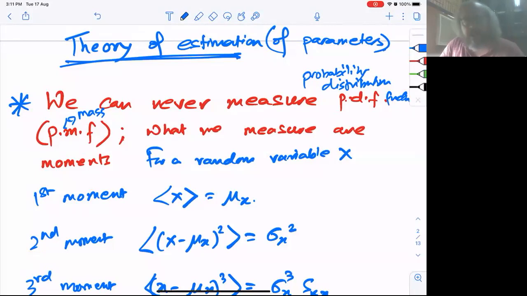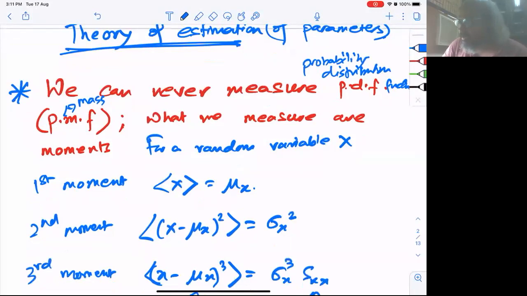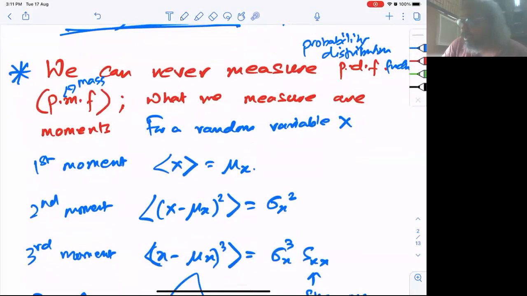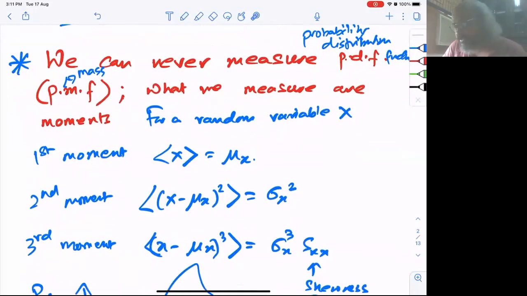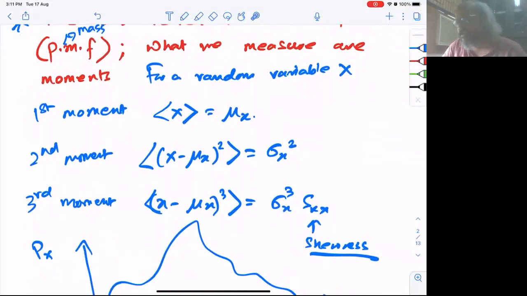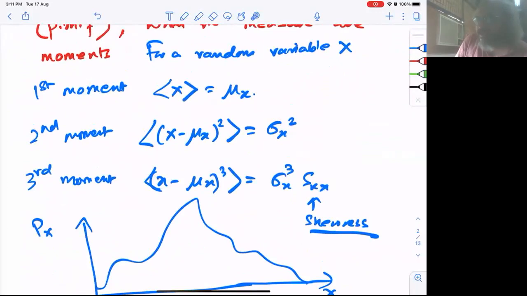What we measure are actually moments. This is something you might already be familiar with from your introduction to probability in your first year maths courses. In the lab, we will be measuring things like the first moment, which is the mean of your data points, maybe the second moment, and so on. The third moment is skewness.